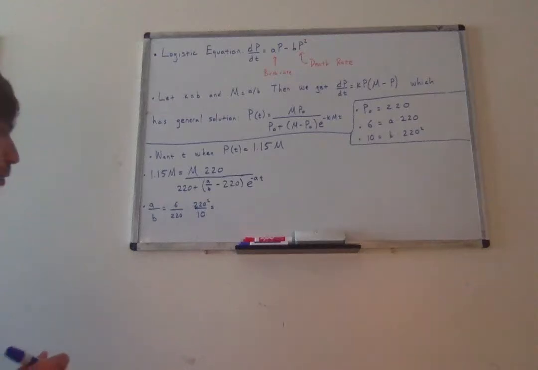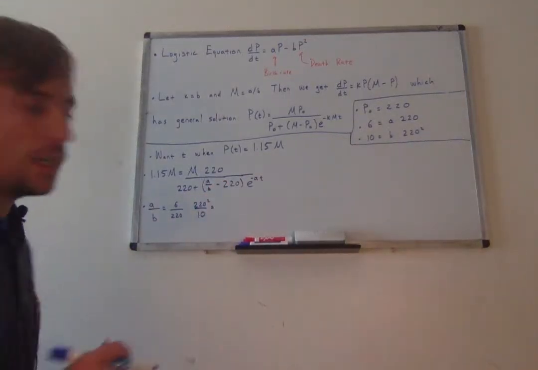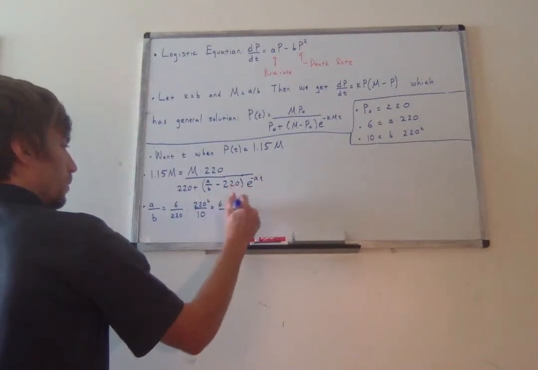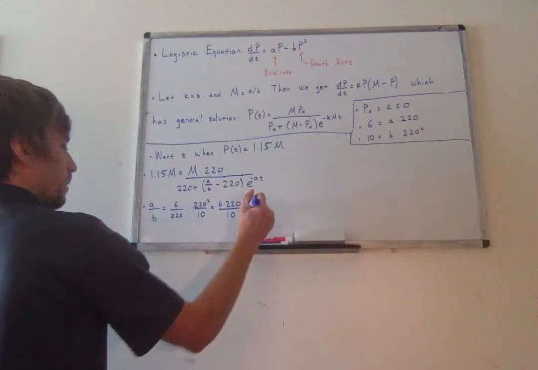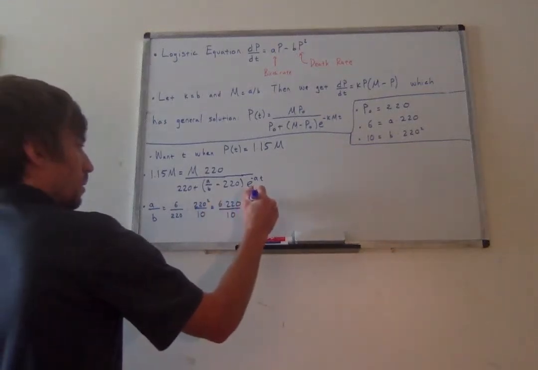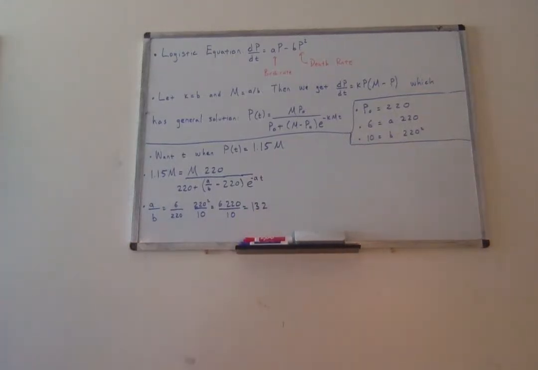That should be 6 times 220 over 10, which is 6 times 22, which is 132. So A over B is equal to 132.